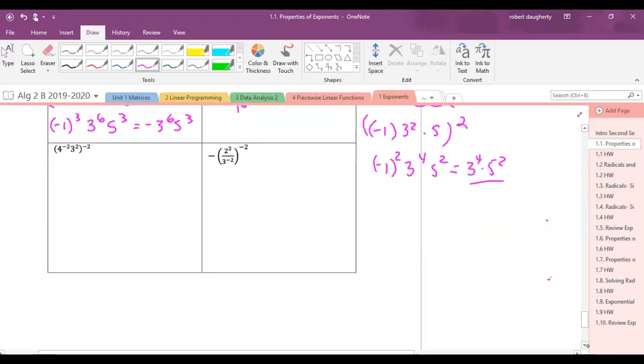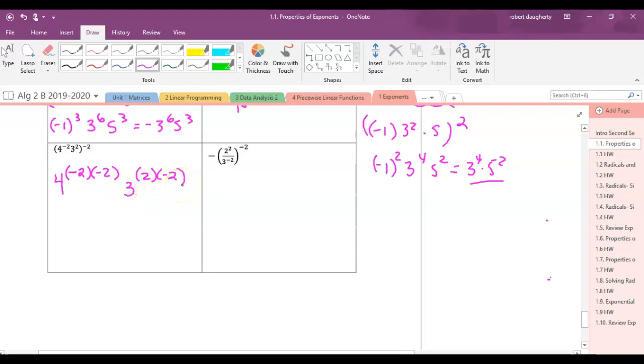Okay, this guy. I've got something raised to exponents and then raised to an exponent. What happens to these exponents? They are what? Yeah, so this is 4 to the negative 2 times what? Negative 2. And 3 to the what?